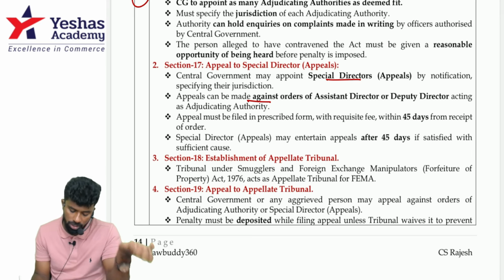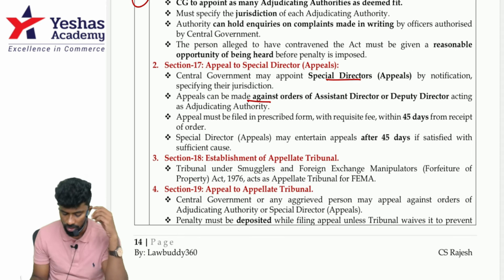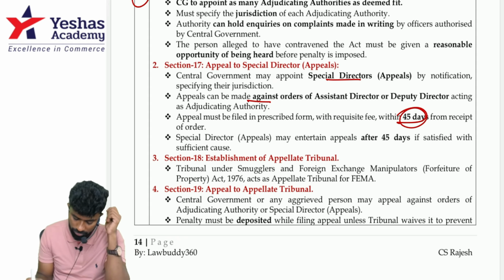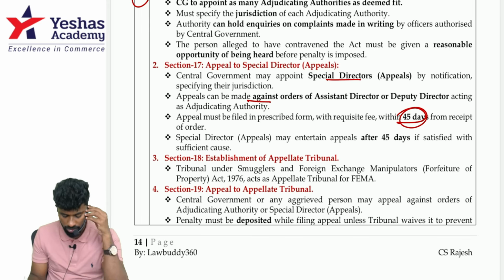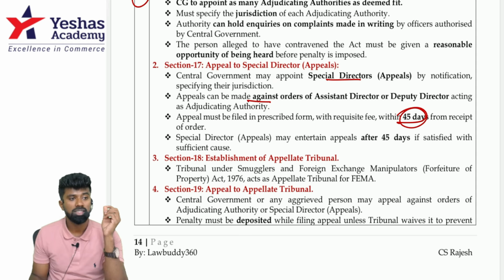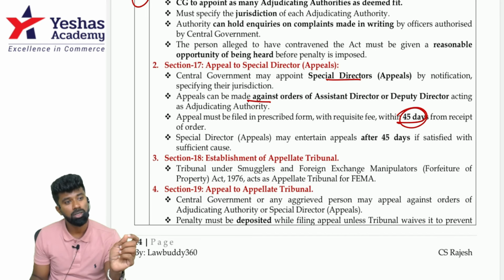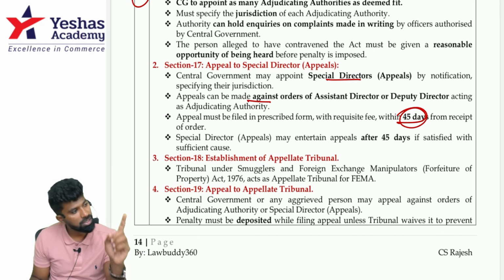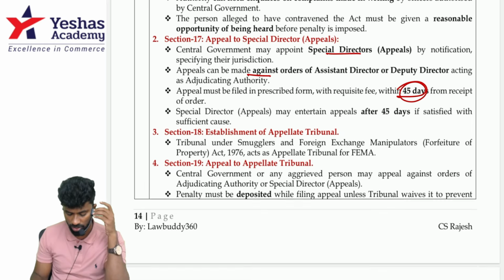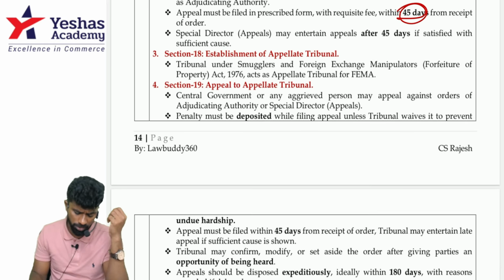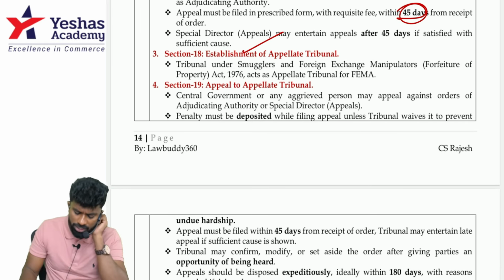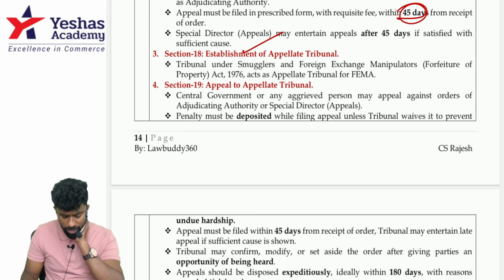Appeal can be made against the orders of the assistant director as well as the deputy director, to the special director. Within how many days? 45 days. Can the special director allow the appeal beyond 45 days? Yes, if there is a sufficient reason. Can the government establish tribunals to hear the appeal?